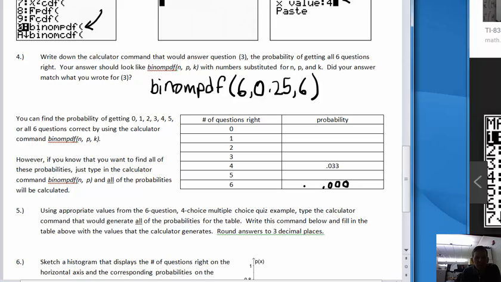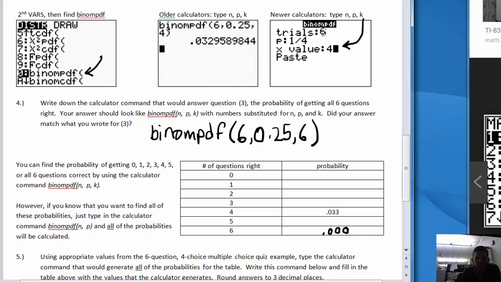What's cool is that you can use the Binompdf command very quickly to generate these other probabilities. All we're going to do is replace this number, or if you're using the newer calculator, this number here, with the numbers 0 through 5. And if you do that, you should be able to generate these probabilities that you see on the rest of the chart.